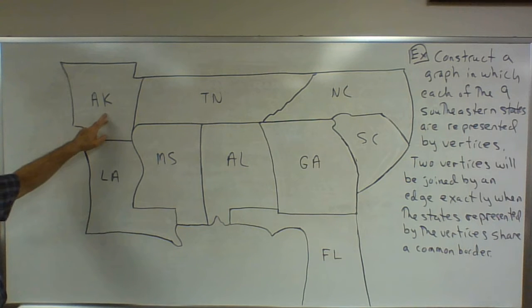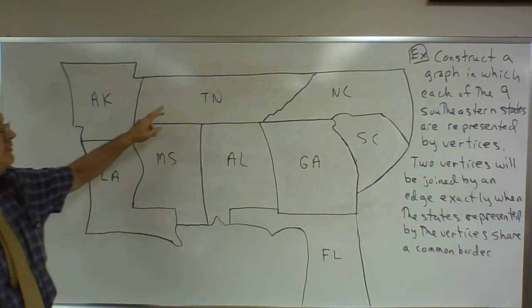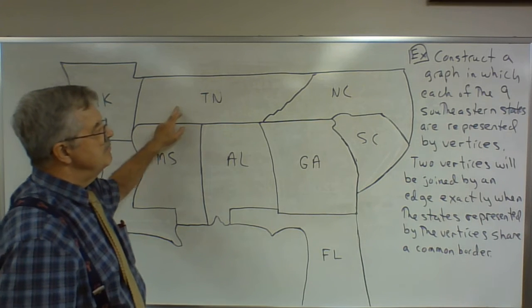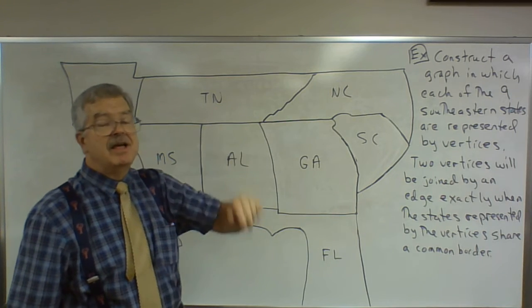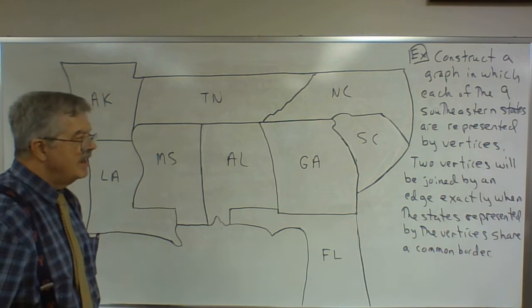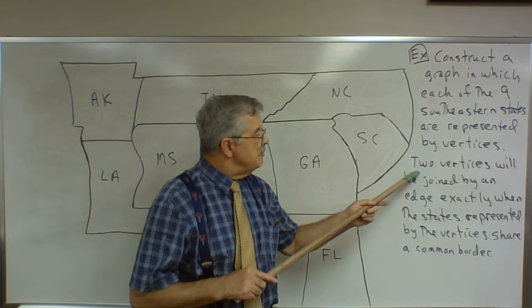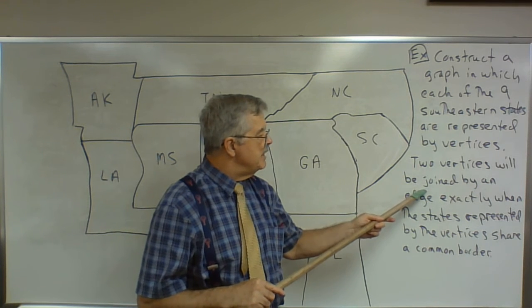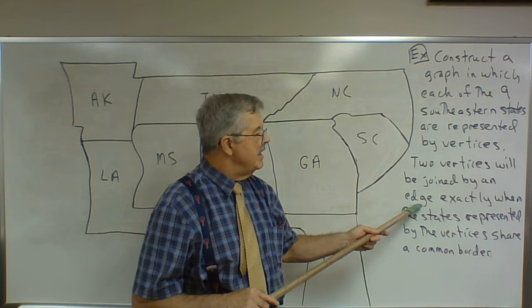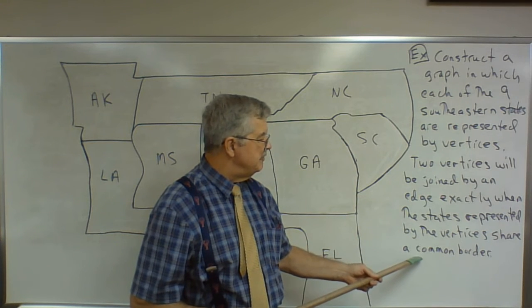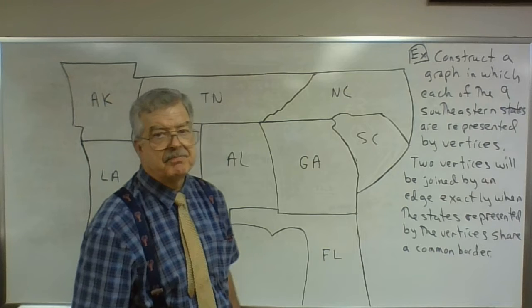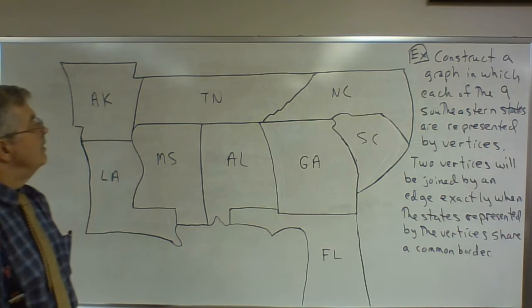So Arkansas will be represented by a vertex, Tennessee will be represented by a vertex, North Carolina will be represented by a vertex, and so on. And 2 vertices will be joined by an edge exactly when the states represented by the vertices share a common border.